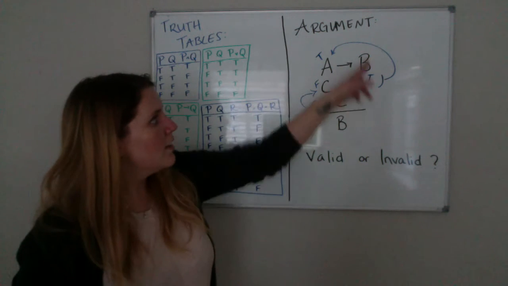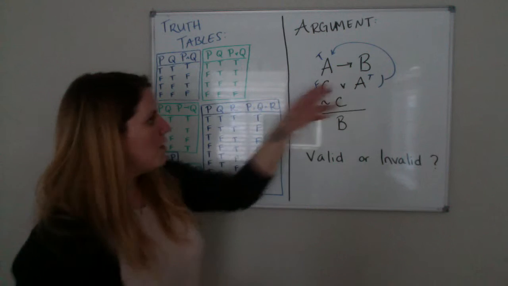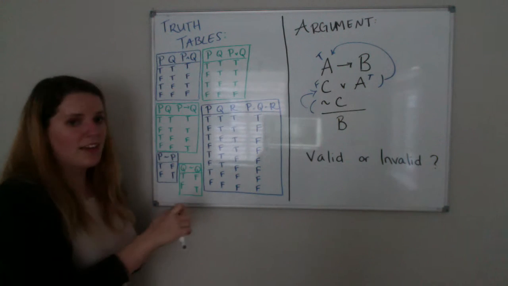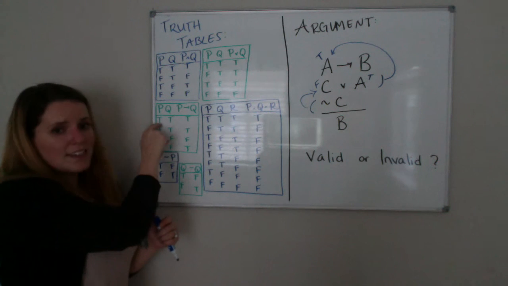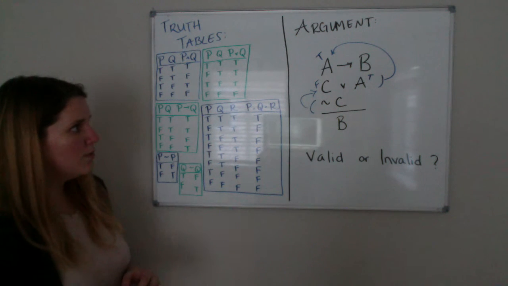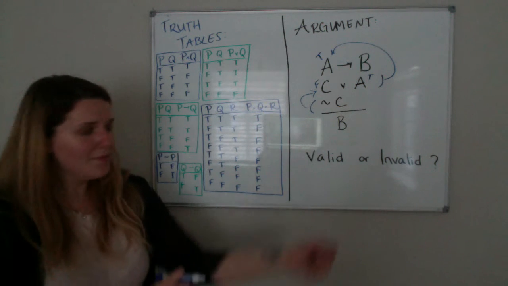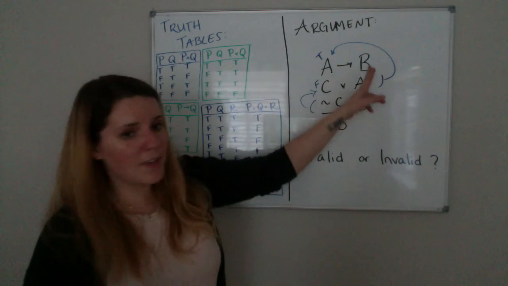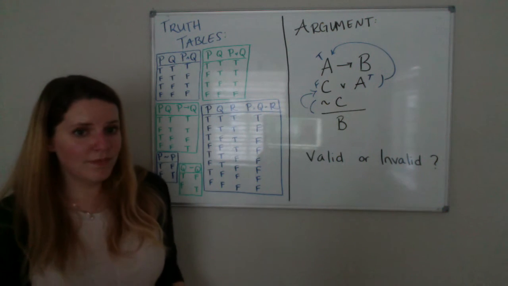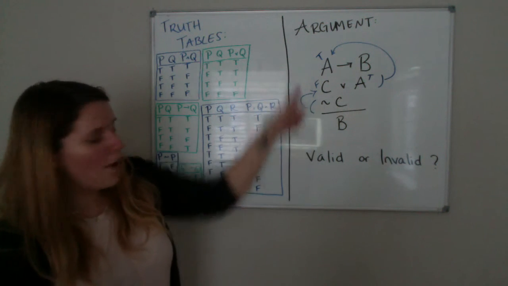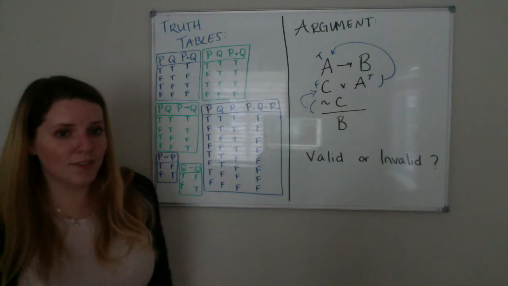And we know that this whole premise is true, so we know that it's true that if A, then B. And we know from our conditional truth table that if the conditional is true and if the antecedent is true, then the consequent has to be true. So if premise 1 is true and if A is true, then B has to be true. That means that if all these premises are true, it has to be the case that B is true.